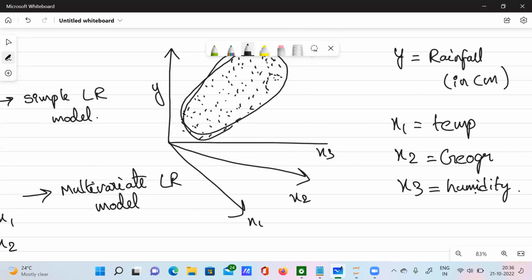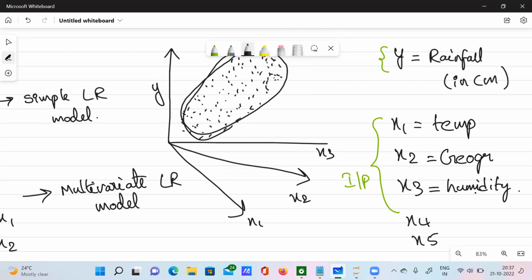The logic here is, we will only get one output, but to get this particular output, you only have these three inputs, right? These are the only inputs we have. But what are all the factors that are actually deciding this particular rainfall? Maybe there are so many factors. Maybe there are some additional 4 to 5 factors, right?